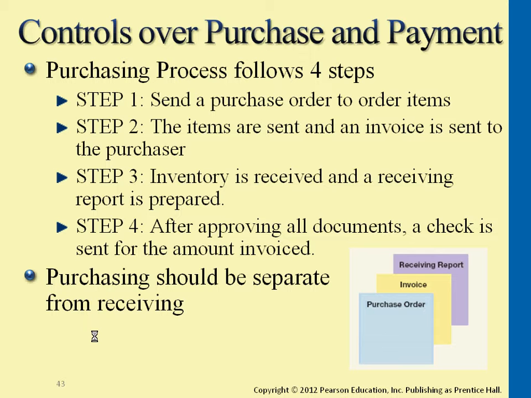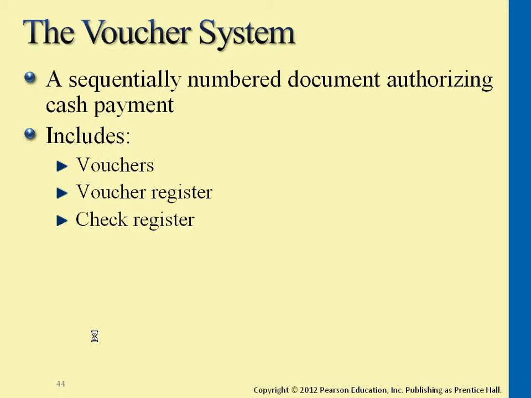So the purchaser sends an order, the company then sends the item with an invoice, inventory receives the merchandise, and they prepare an inventory report. After this, all the documents are sent to the accounting department for review, and then the invoice should be paid. Okay?